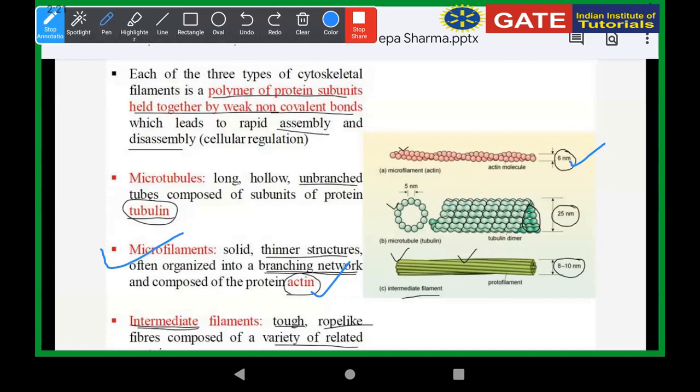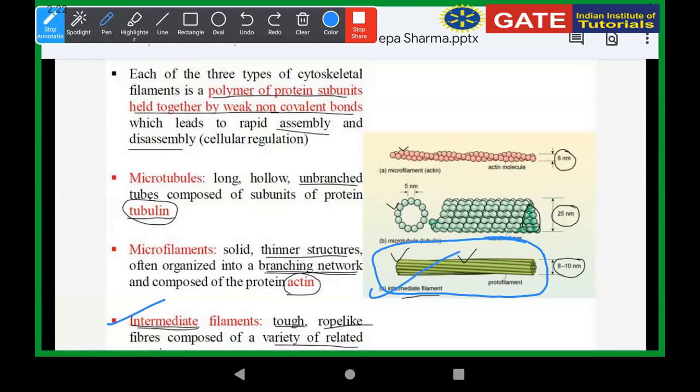Next, third one, intermediate filaments. The intermediate filaments have tough rope-like fibers. Many long thread-like fibers are arranged parallel to each other to form the intermediate filament. Here it is not one type of protein. Many related proteins are joined together to form the intermediate filament.